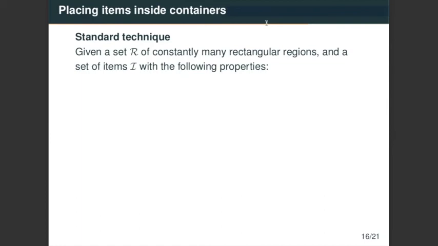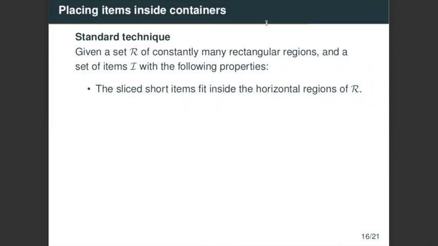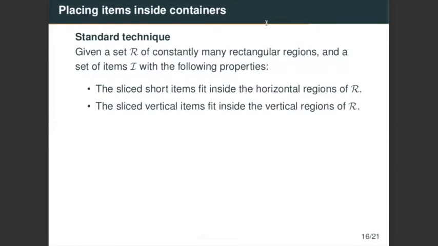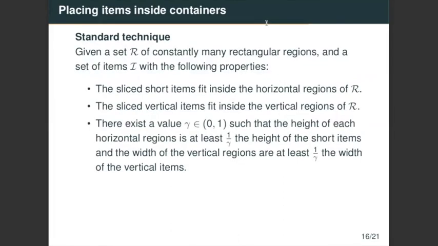Now we use a standard technique to obtain the packing of the original items inside the containers. So assume that we are given a set R of constantly many rectangular regions, and we have a set of items I with the following properties: that the slices of the short items in I can be placed inside the horizontal regions of R. Also, the slices of the vertical items can fit inside the vertical regions of R. And the height of each horizontal region is sufficiently larger than the height of the short items, and the width of the vertical regions are sufficiently larger than the width of the vertical items.